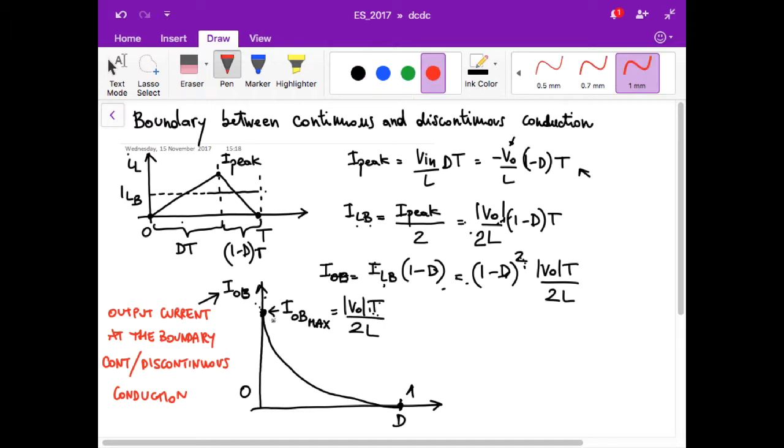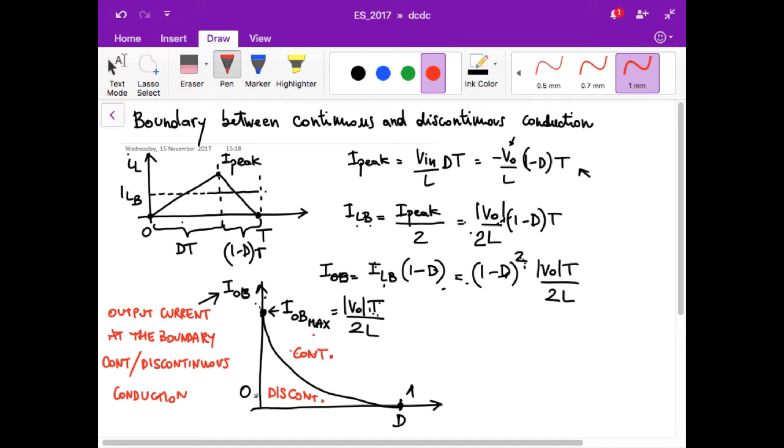So above this value, for a given t, we are in continuous conduction, and below we are in discontinuous conduction. These are the two quantities. Of course, what is important to recognize is that in continuous conduction, if you remember, the duty cycle only depends on the ratio of the output to the input voltage that we want.